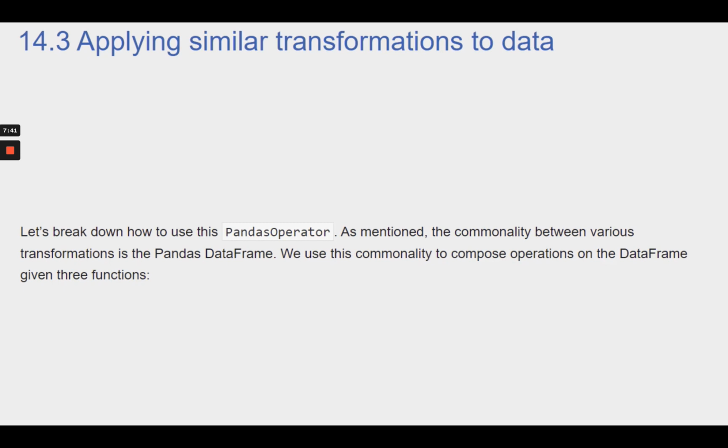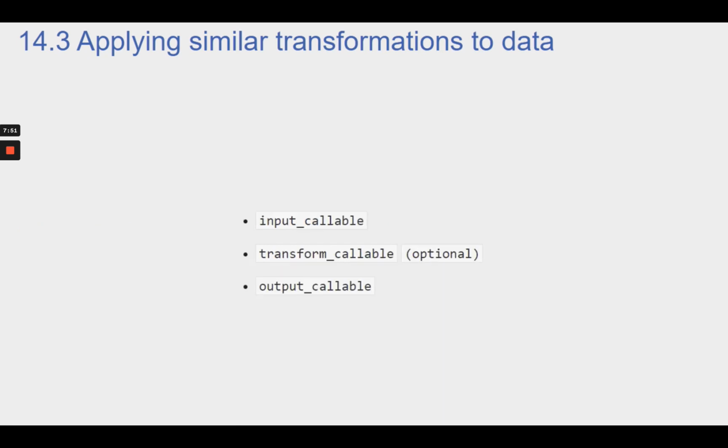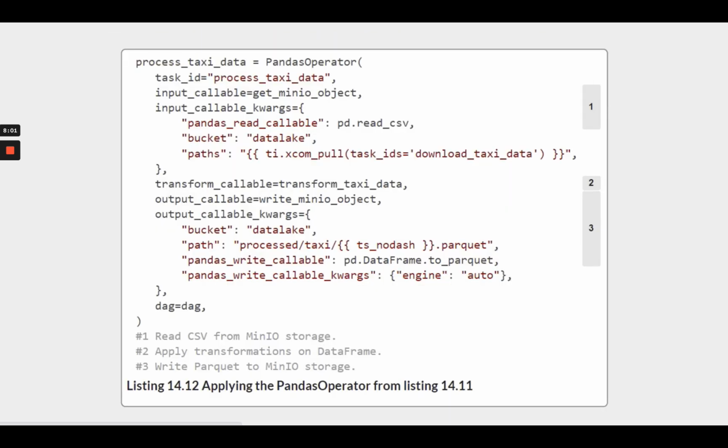As mentioned, the commonality between various transformations is the pandas data frame. We use this commonality to compose operations on the data frame given three functions: input_callable, transform_callable (optional), output_callable. The input_callable reads data into a pandas data frame.